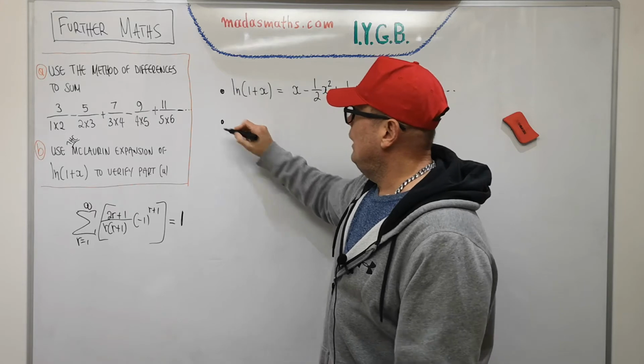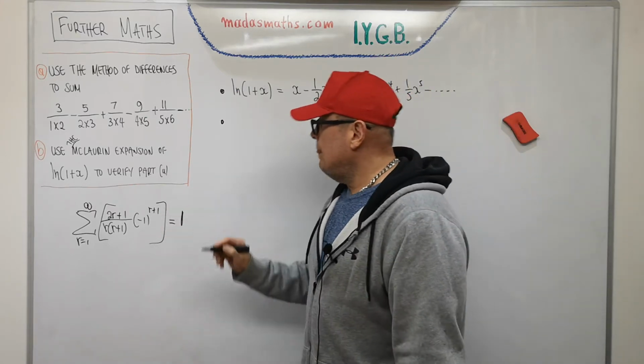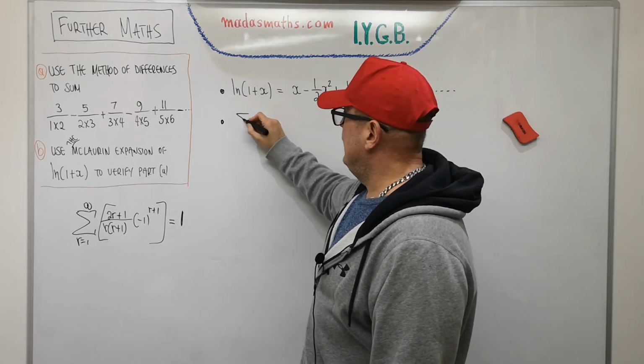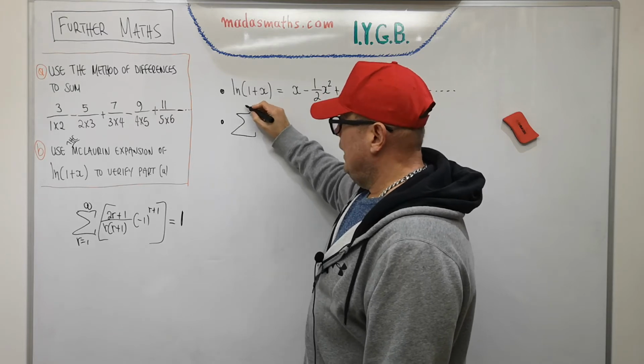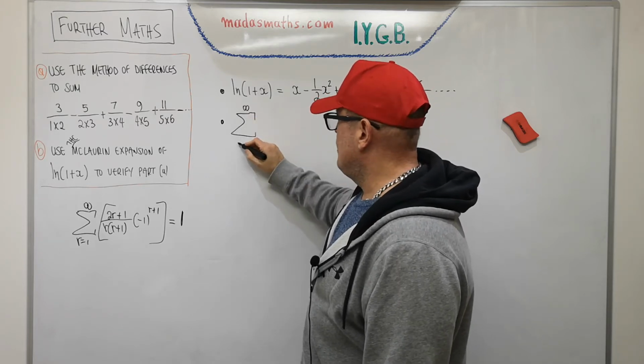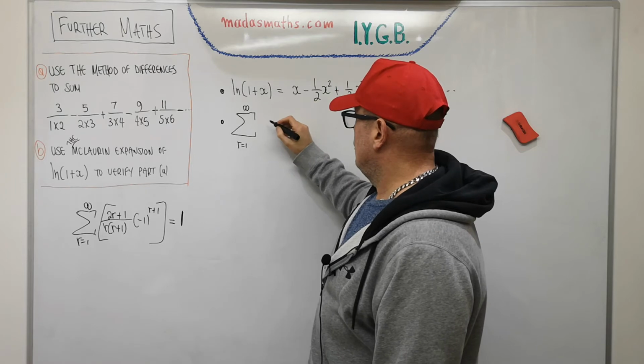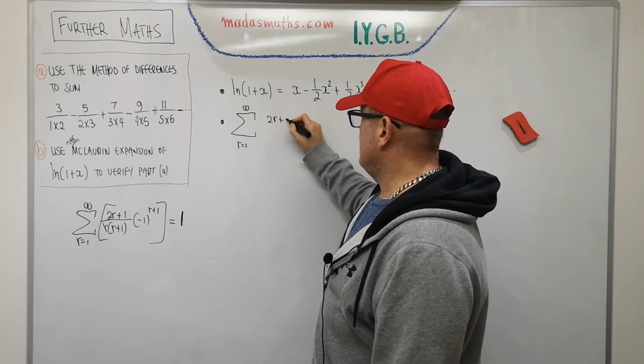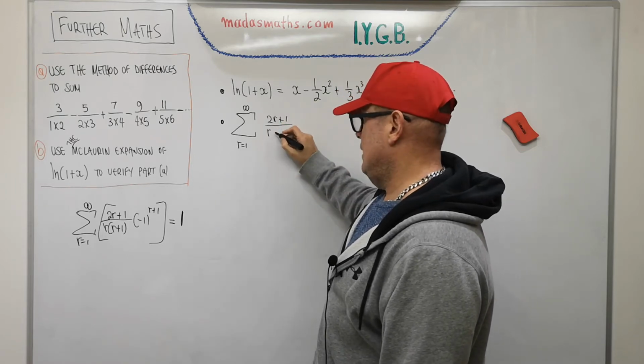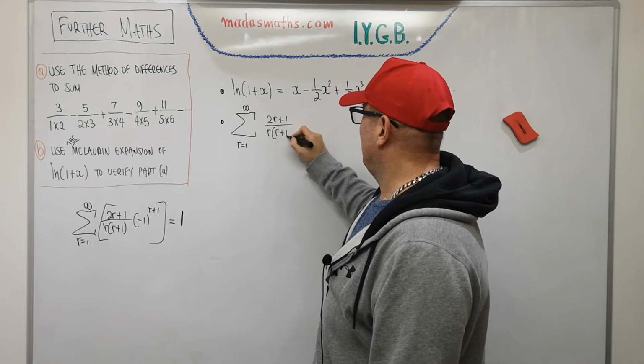The second thing, this particular sigma, I'm going to write it here. We broke it using partial fractions, and I think I just about remember the answer because it was so simple.